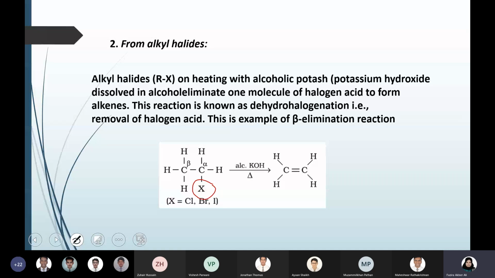Then beta is the carbon attached to alpha. With respect to hydrogen, you cannot say it's beta, because alpha also contains hydrogen, right? Beta means the carbon next to alpha, attached to alpha. Anyway, that is the second method of preparation of an alkene.